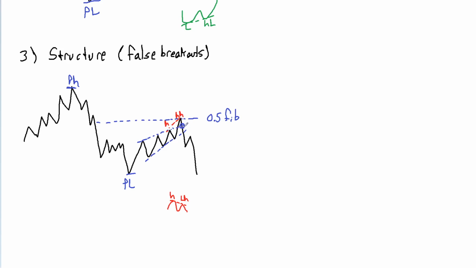looking to enter. And at that point, you know how we would normally have our stop loss up here at the 0.786. I would normally have my stop loss up here.